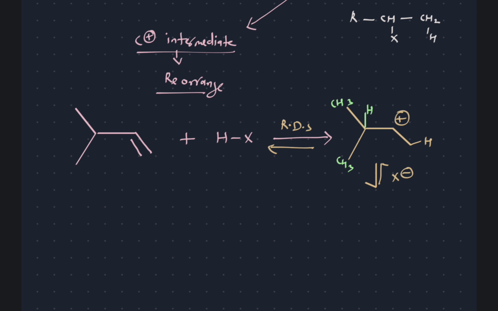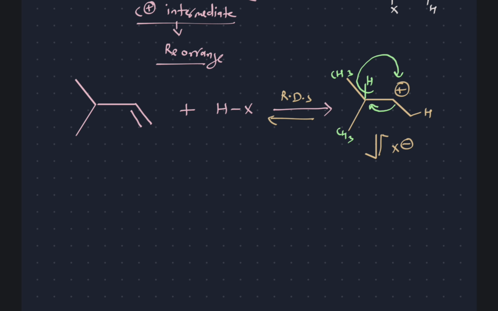So here the hydrogen will take the place of the cation and the cation will take the place of the hydrogen, and as a result we find the more stable carbocation. The hydrogen moves with the electrons from this bond and attaches on this carbon, so automatically the carbocation forms here. Now the halogen will be attached here.